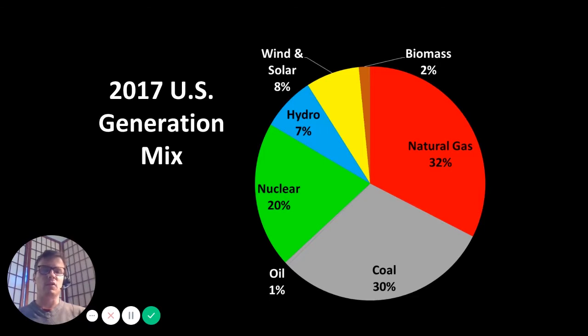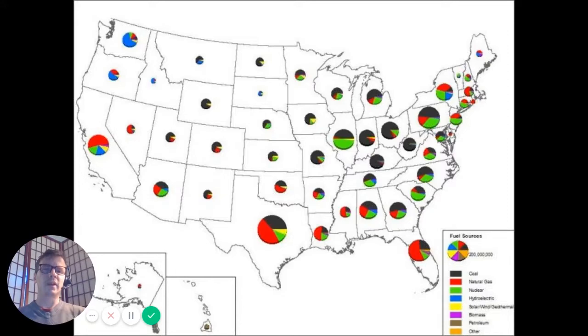So across the entire United States, on average, we're mostly using a combination of natural gas, coal, and nuclear, with a little bit of that coming from hydro, and then a growing share of that coming from variable renewable energy like wind and solar. But again, this mix varies tremendously on a state-to-state basis.